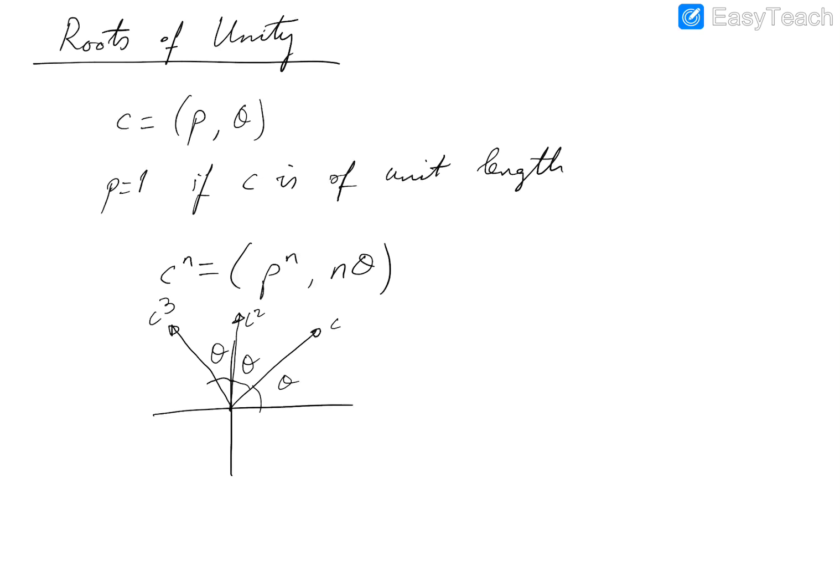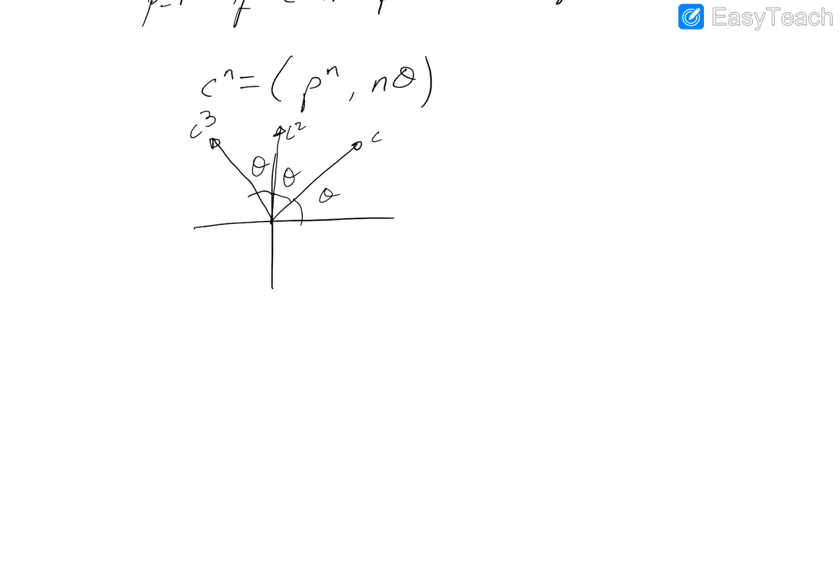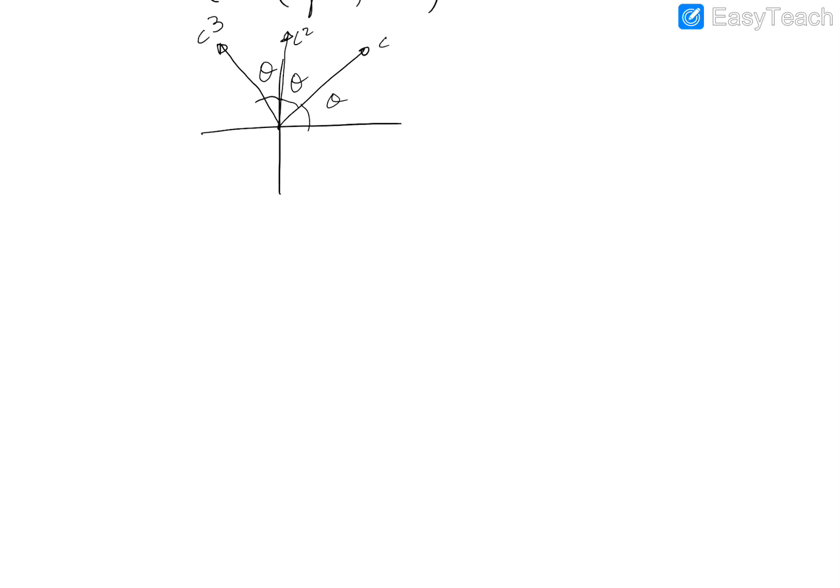Alright, so why is that? So why is it that taking the nth power of a unit length complex number is simply adding the phase n many times? Well, this comes from trigonometry. Suppose that we are working on the unit length circle on which we are given two complex numbers, x and y. Suppose that x is written in trigonometric form.